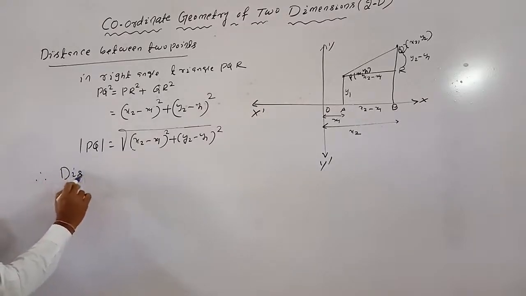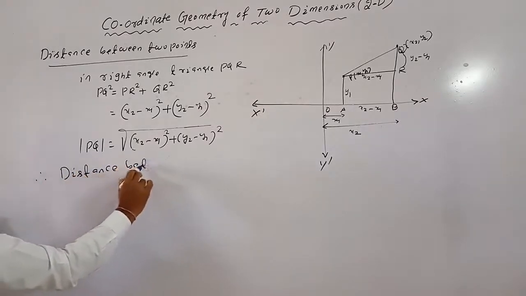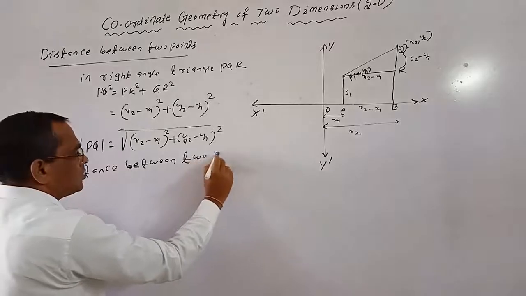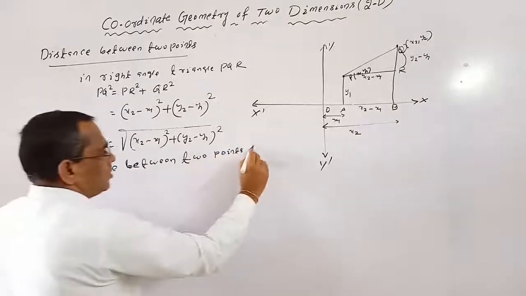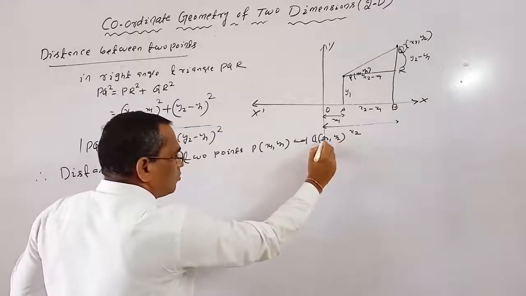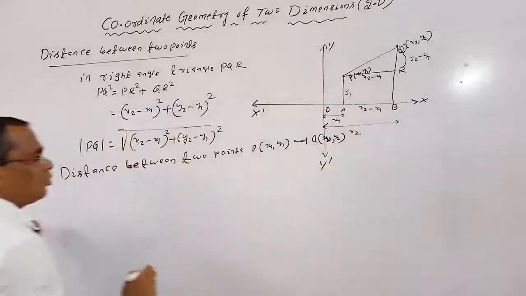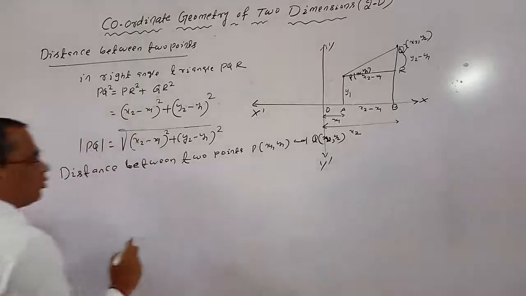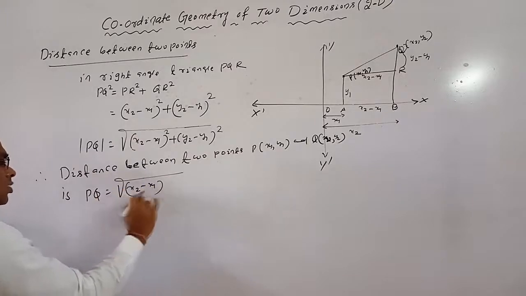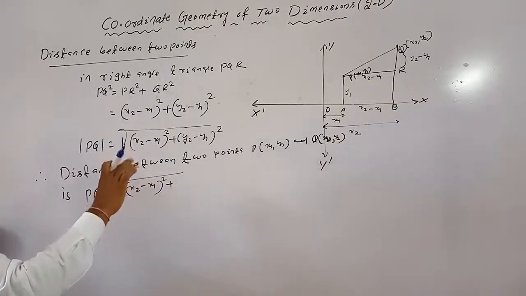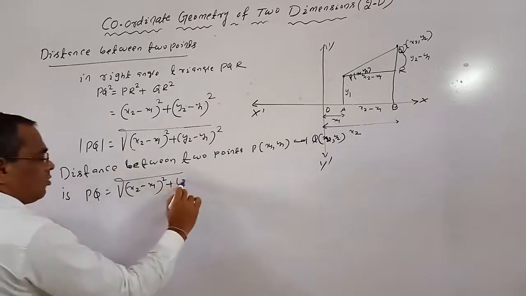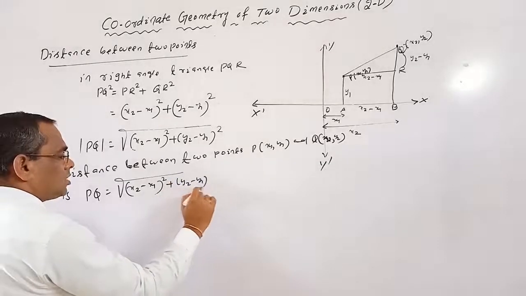Therefore the distance between 2 points P of x1 y1 and Q of x2 y2 is PQ equal to root of x2 minus x1 square, where x2 minus x1 means the difference of x coordinates, square, plus the y coordinate difference square, y2 minus y1 square.